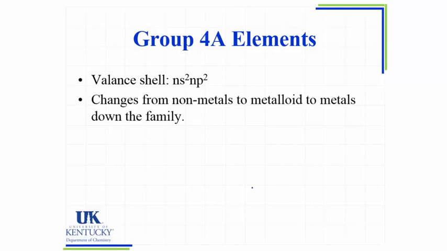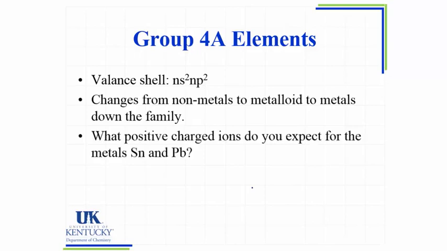We go further down and we have metals, such as tin and lead in there. With tin and lead, we've got these electron configurations, and you might want to try writing their electron configurations out before you proceed. But once you write those, what positive charges would you expect to see for tin and for lead?